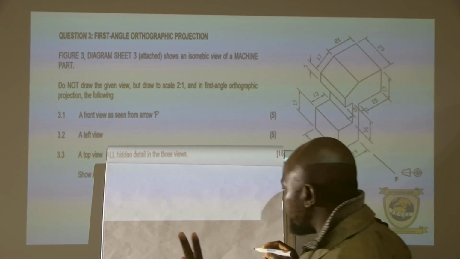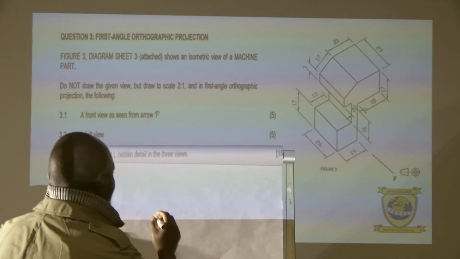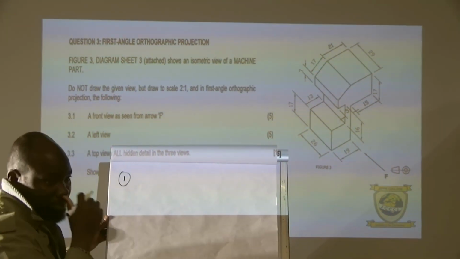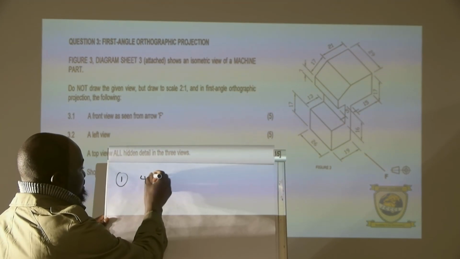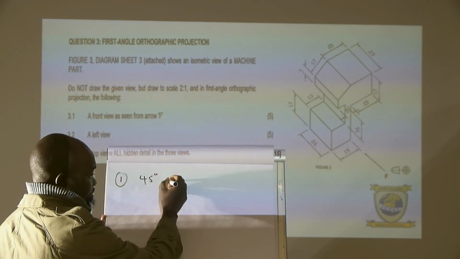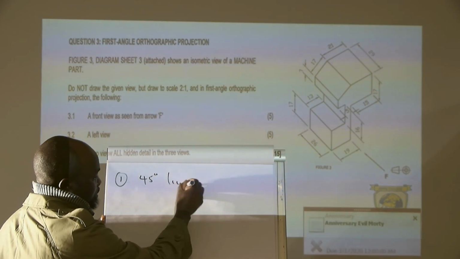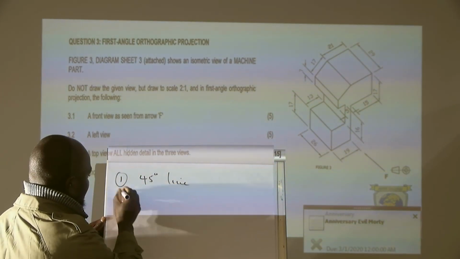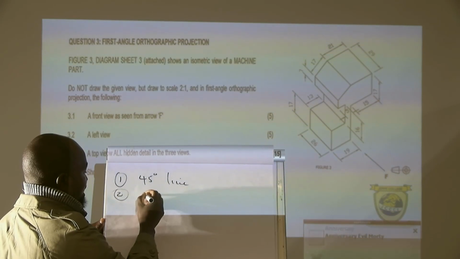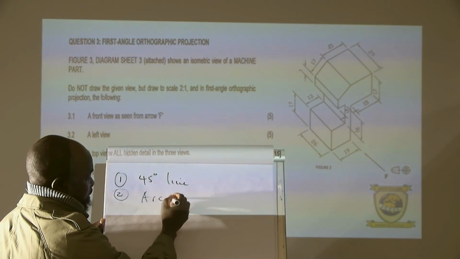Now, there are 2 systems that we use. The first one is the 45 degrees line, or we use the second one, which is the arc method.